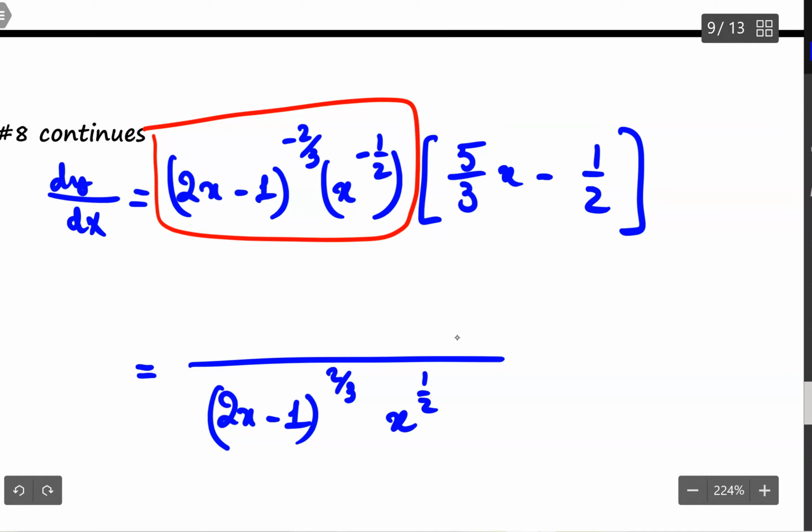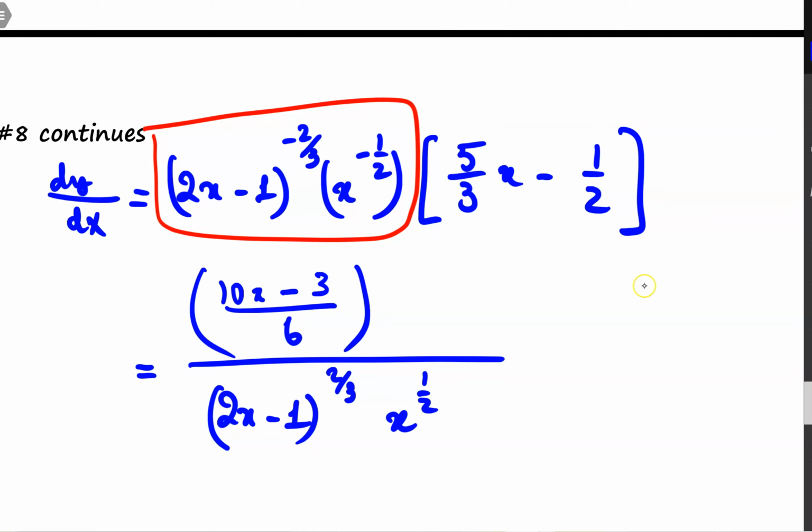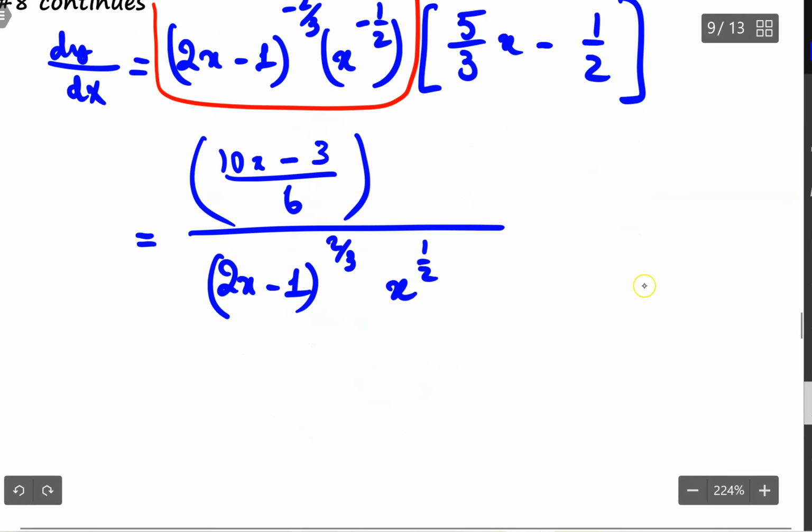Because you bring it down to the denominator, you can take away the negative sign. For the top part here, I want to take the common denominator of 6. So then I should have 10x minus 3, all of it divided by 6.